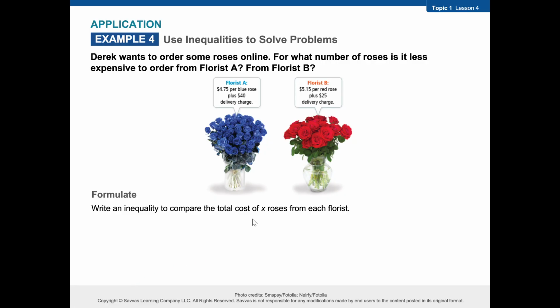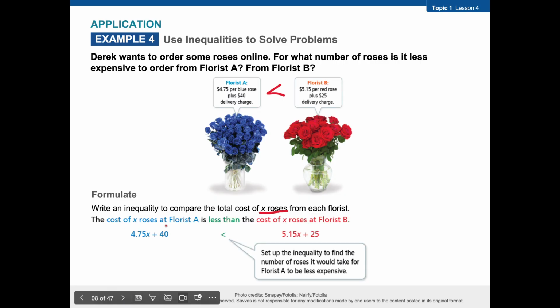Here, Derek wants to order some roses online. For what number of roses is it less expensive to order from florist A? So when is florist A going to be less expensive than florist B? They're asking us to use x for roses.